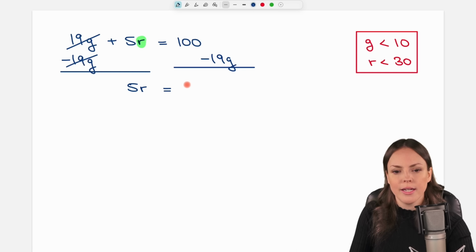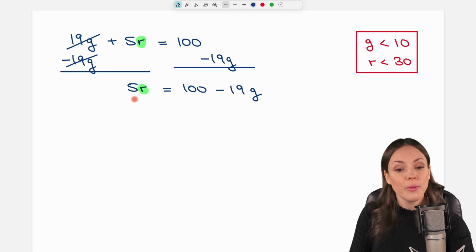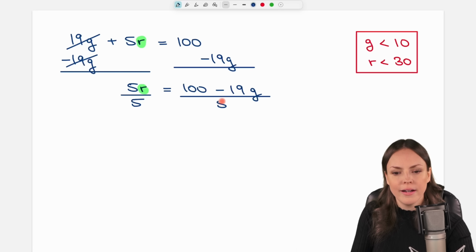And on the other side, we have 100 minus 19G. To solve for R, we have to get rid of the 5 here, so let's divide both sides of the equation by 5 so that this cancels out and only the R is left.